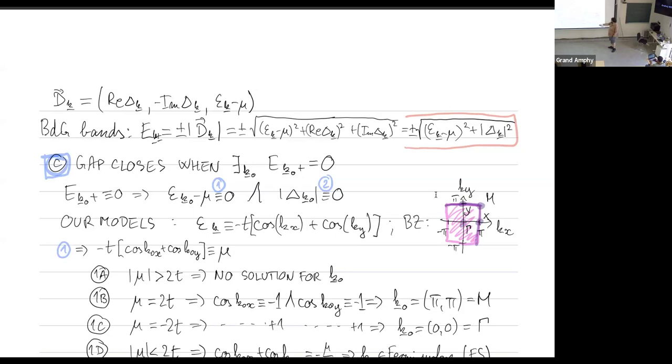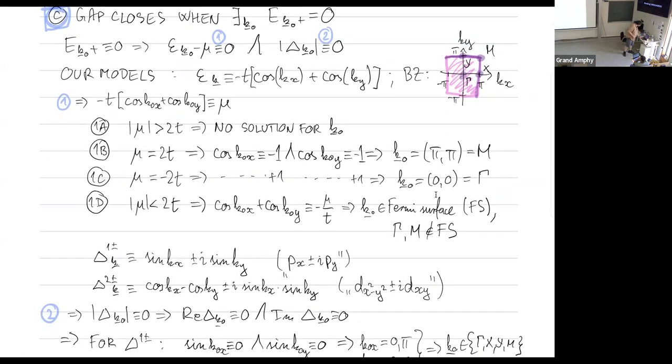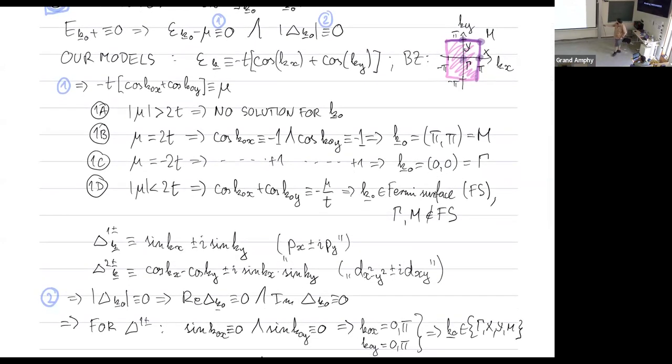Well, if your chemical potential is outside the bands, there's no solution. There's no Fermi surface, so this dispersion is never 0. But then inside the band, of course, it goes to 0 at what we would call the Fermi surface, right? It's the collection of k points at which the dispersion goes to 0.